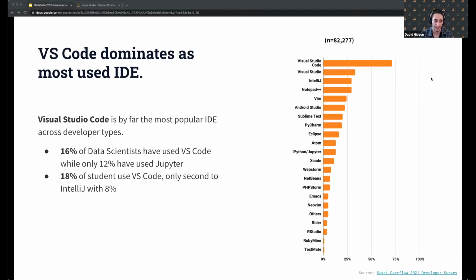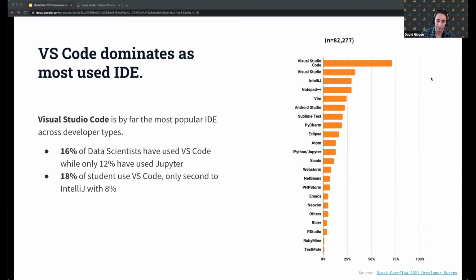So we see 16% of data scientists actually use VS Code, while only 12% use Jupyter. So if you are familiar with data science and data analytics, Jupyter is a very popular notebook environment, but VS Code seems to be taking over that community of developers.